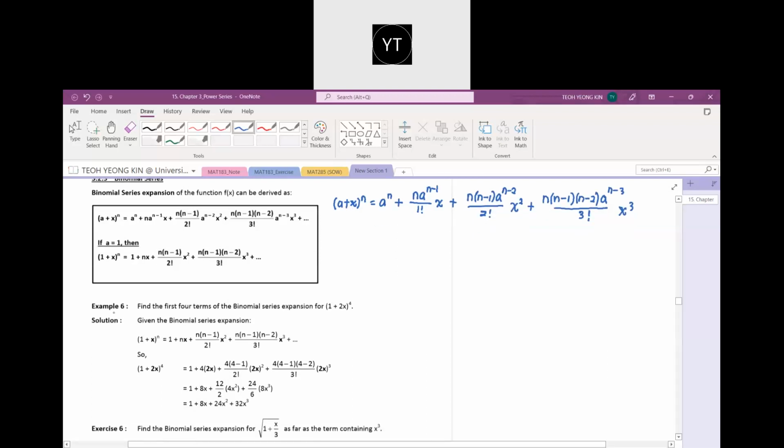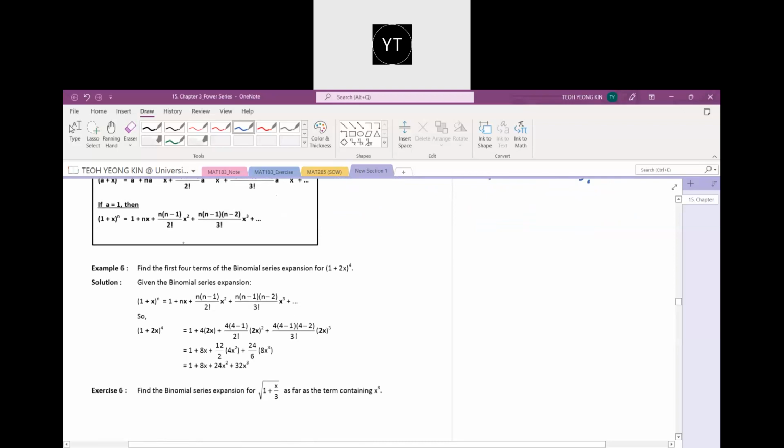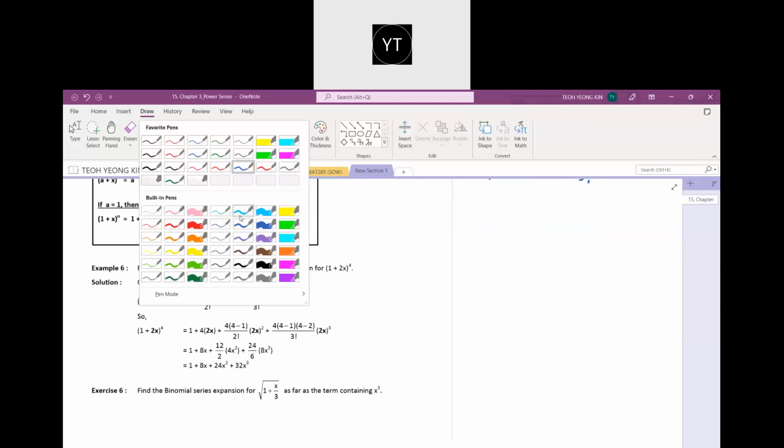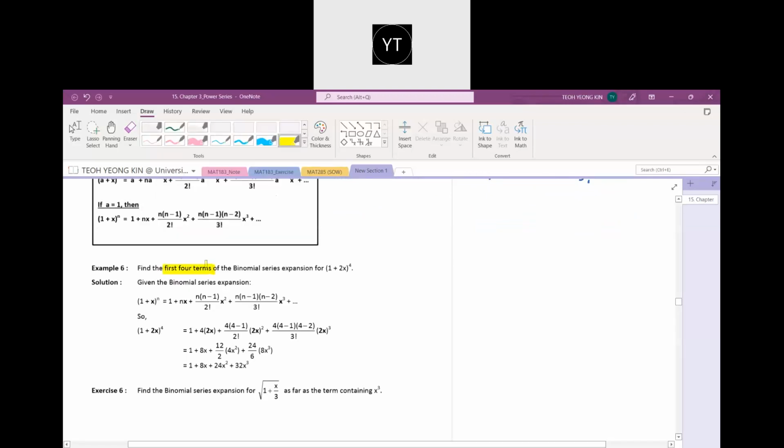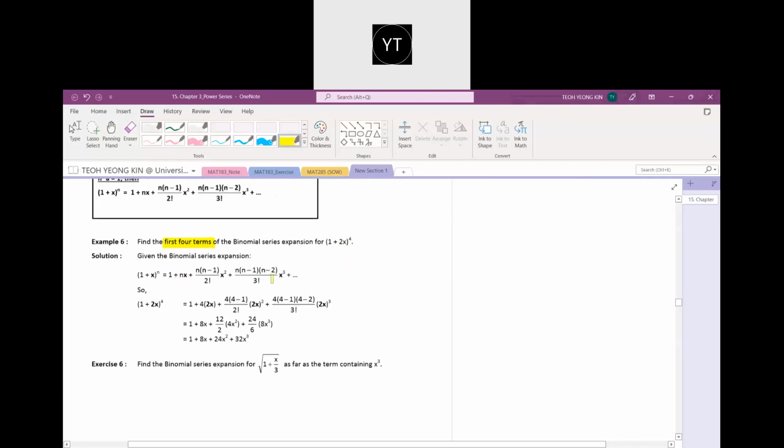Look at example 6. Find the first 4 terms of the binomial series for the expansion of (1 + 2x)^4, given the binomial series. Fortunately, the binomial series is given, so you just have to substitute the values of x and n.